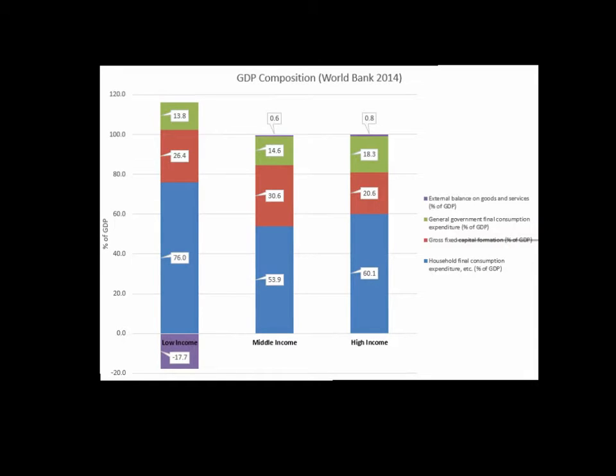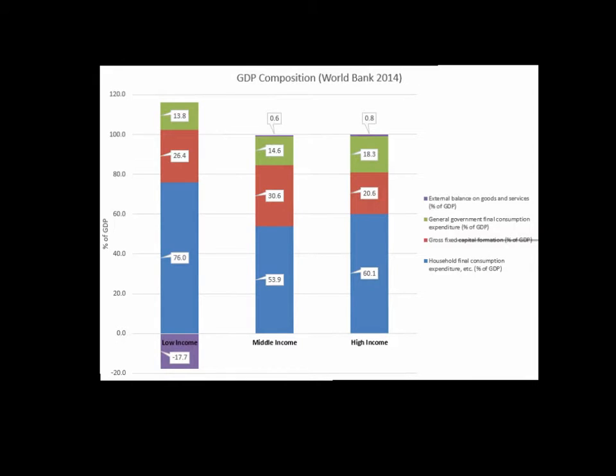These are countries that include places like India, China, Brazil, Russia now is in this category. And what we can see here is that the share of consumption is lower. So only just over half of GDP comes from consumption in these middle income economies. The government day-to-day expenditure figure is slightly lower. Trade is broadly the same, but what's different here is obviously the weighting between these two.